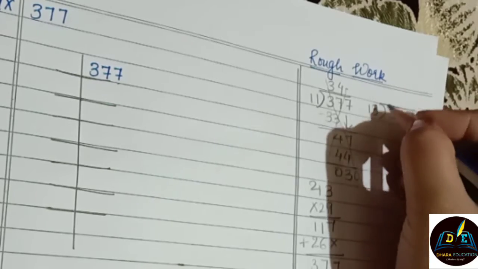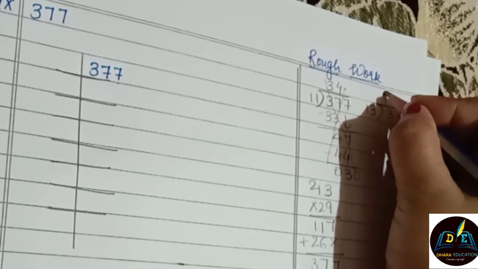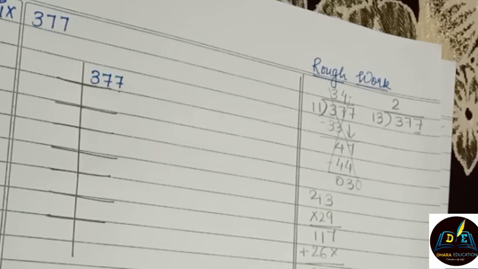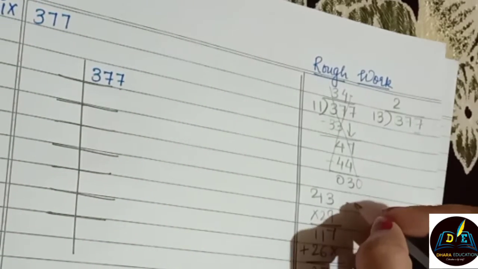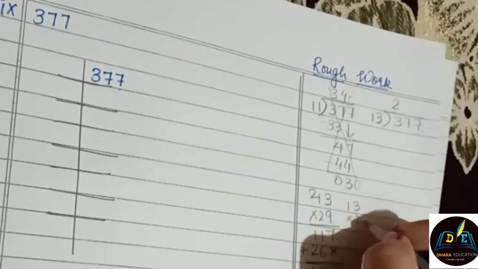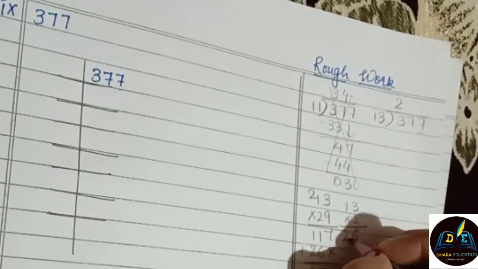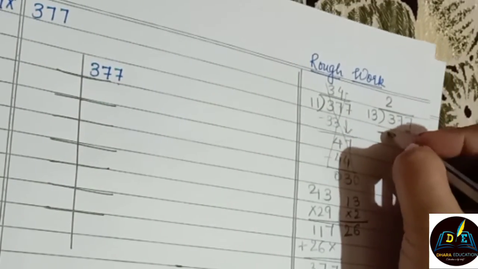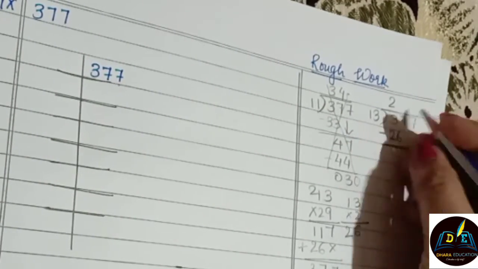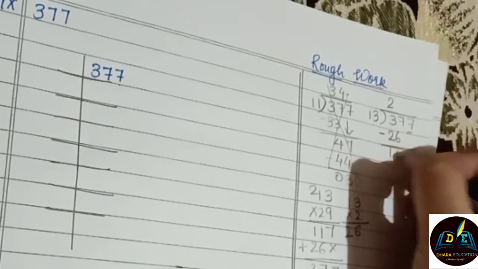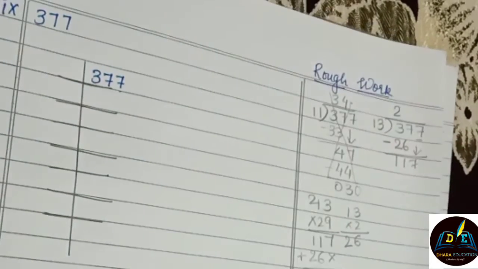That is, 13 2s are we will take first. Okay. So how is it 2s are? 13 2s are, 2 3s are 6, 2 1s are 2. So here we can write 26.